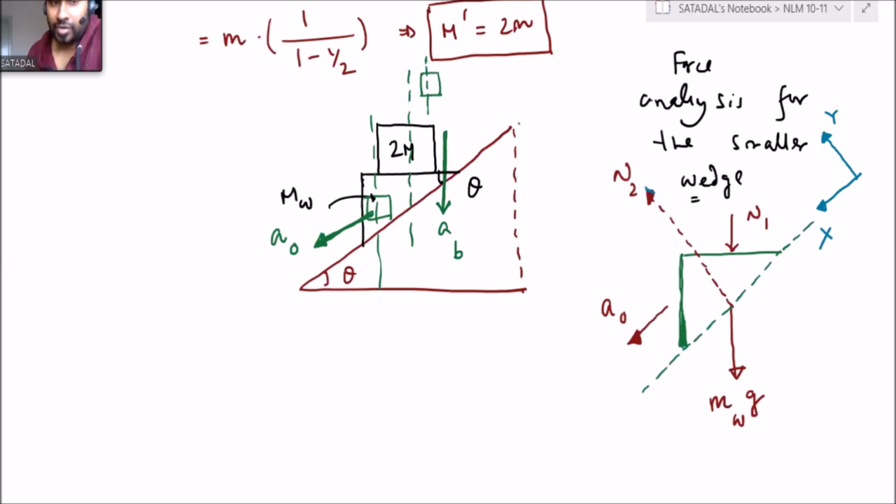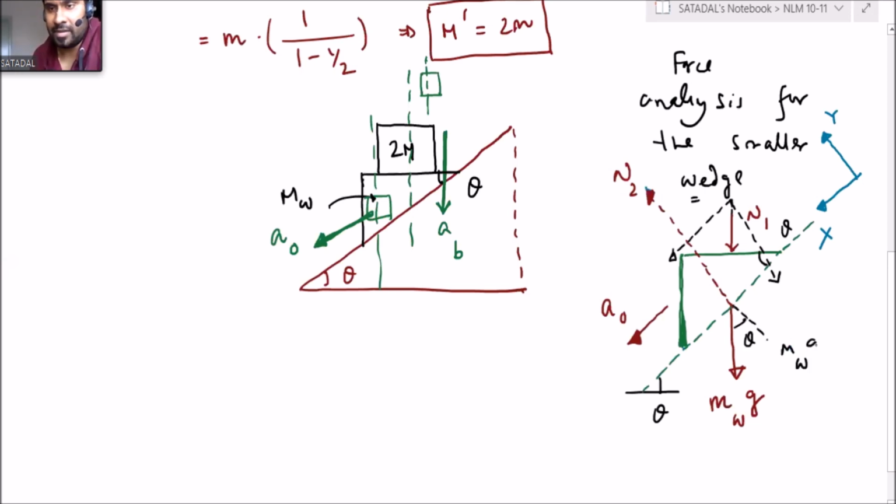Chalo. So now, I'm going to analyze the forces. Before analyzing the forces, take the components of N1 in these two directions. If this is theta, this also we got as theta.